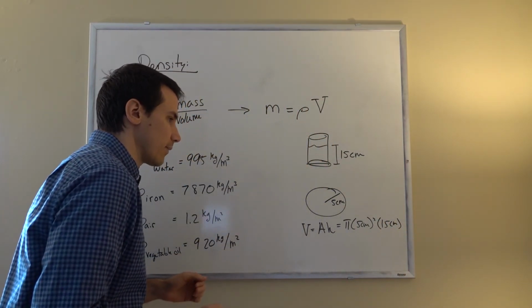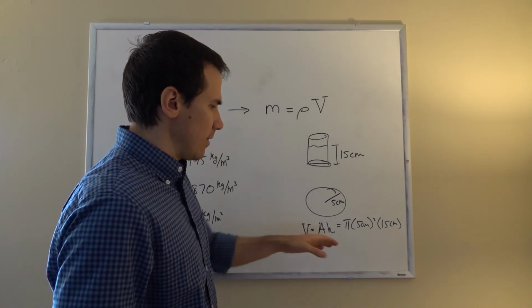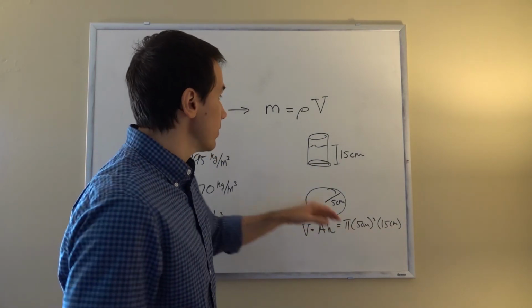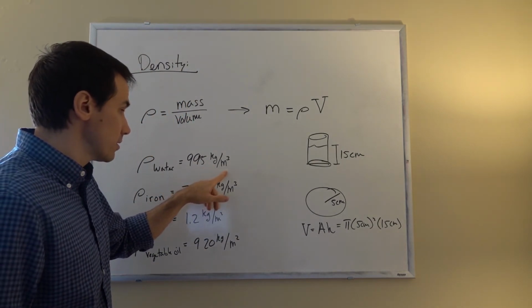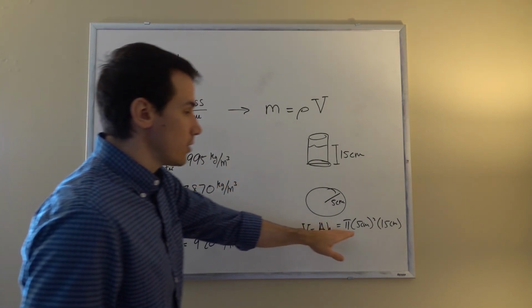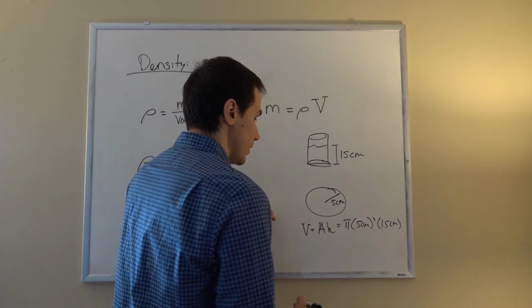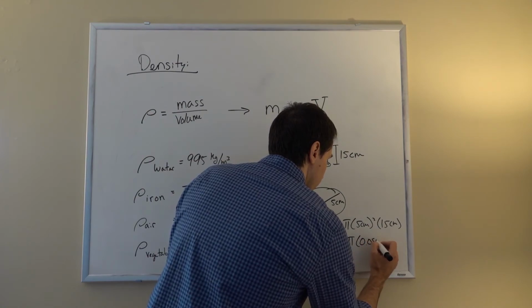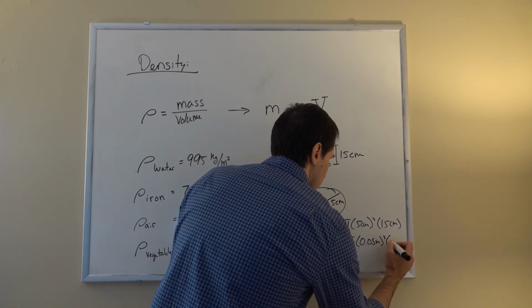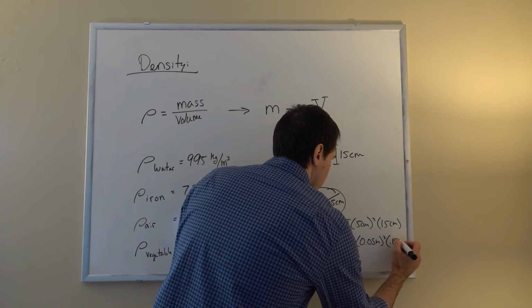Now, I want to be careful because these units are centimeters, but my density measurement is in meters cubed. So I need to change all of my centimeters to meters. So this is going to be pi times 0.05 meters squared times 0.15 meters.